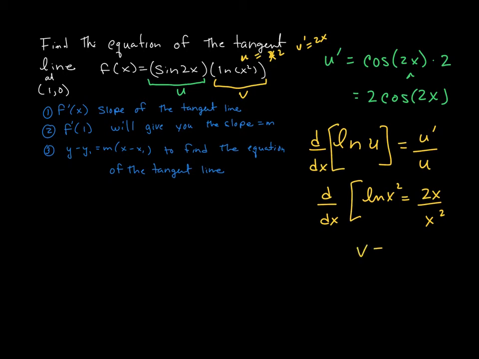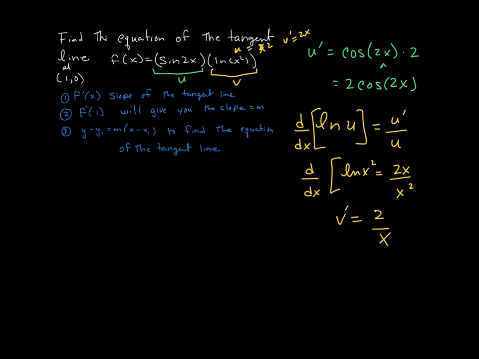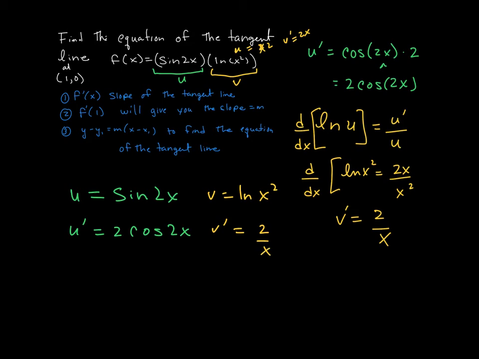So that gives us v prime is equal to 2 over x. So what I have here is u is equal to the sine of 2x. The derivative of that is 2 cosine of 2x. V is the natural log of x squared. The derivative of v is 2 over x.